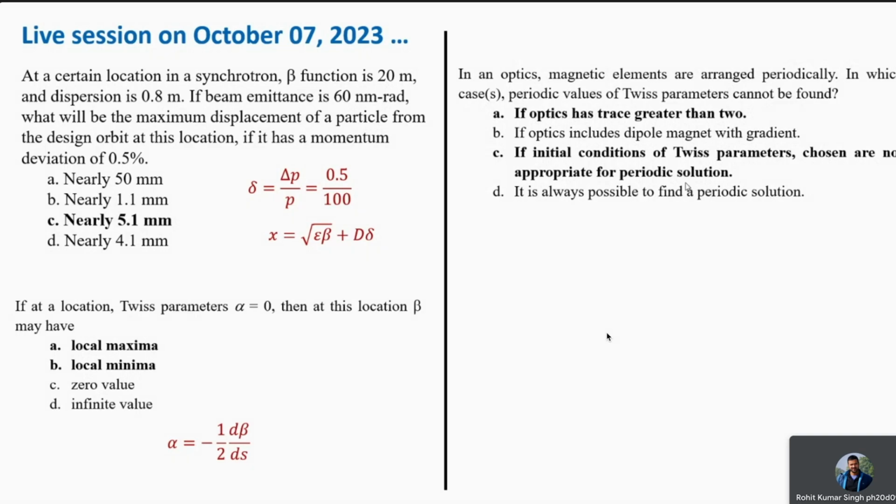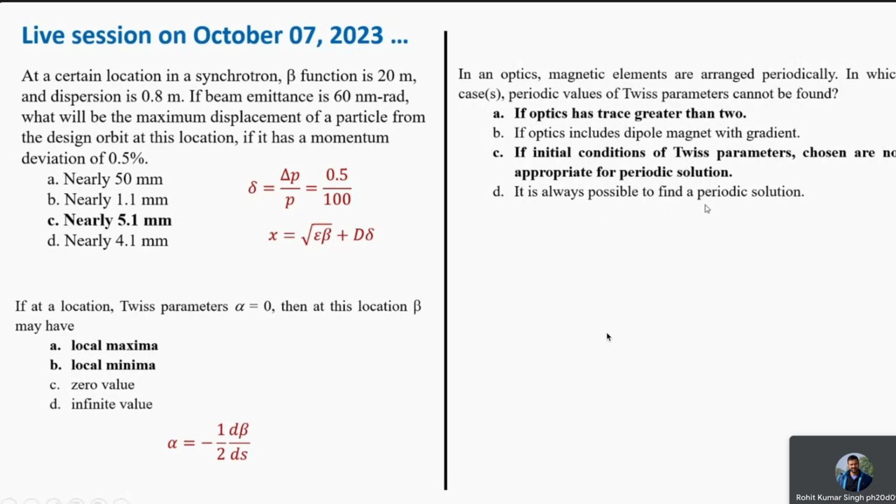If certain parameters are not fulfilling those boundary conditions, then you will not get a correct or periodic solution. So C is also correct. If the initial condition is not an appropriate boundary condition, then you will not get a periodic solution.